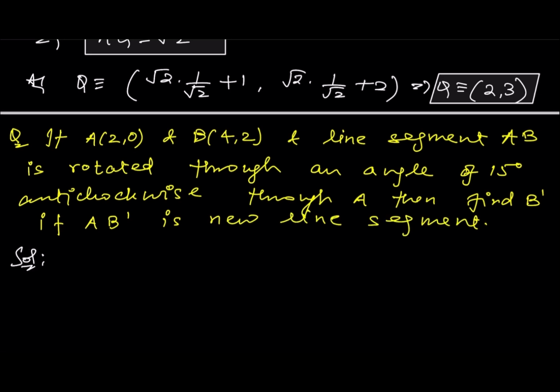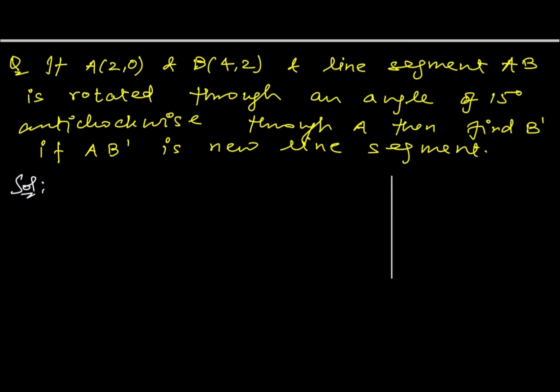So let's start. Question is, if AB is a line segment where A is 2 comma 0 and B is 4 comma 2.